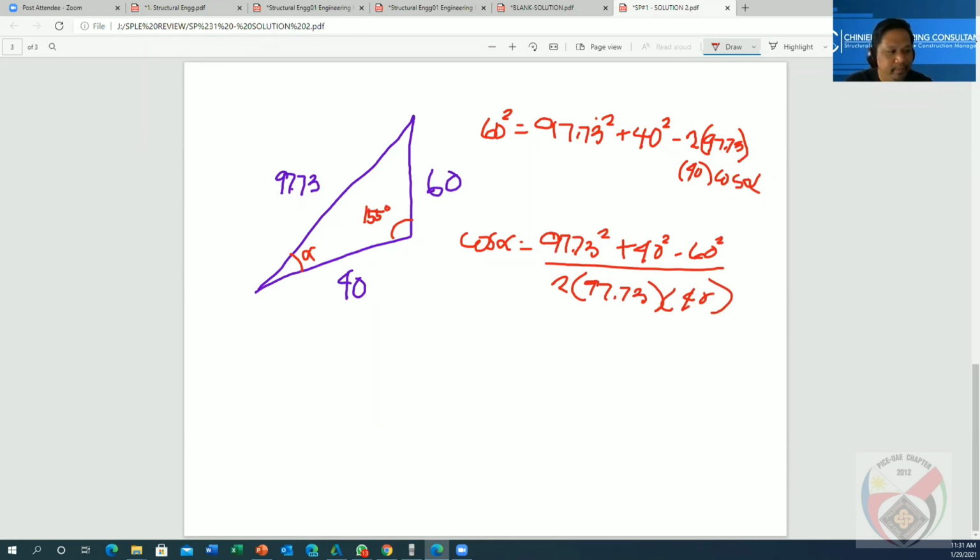Right? So alpha equals the inverse cosine of this value.